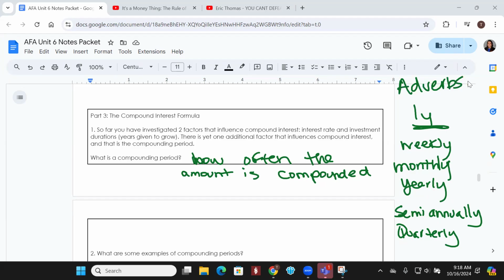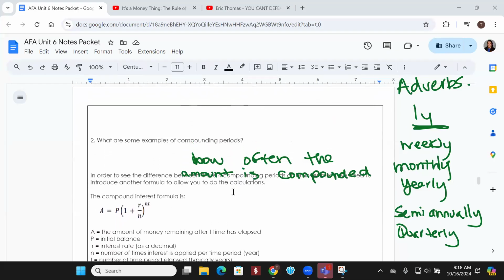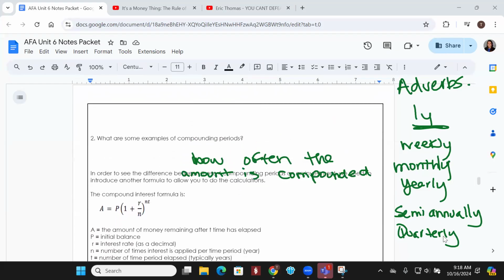They describe how often something occurs. So what are examples of compounding periods? Weekly, monthly, yearly, all that jazz. Go ahead and fill those in.